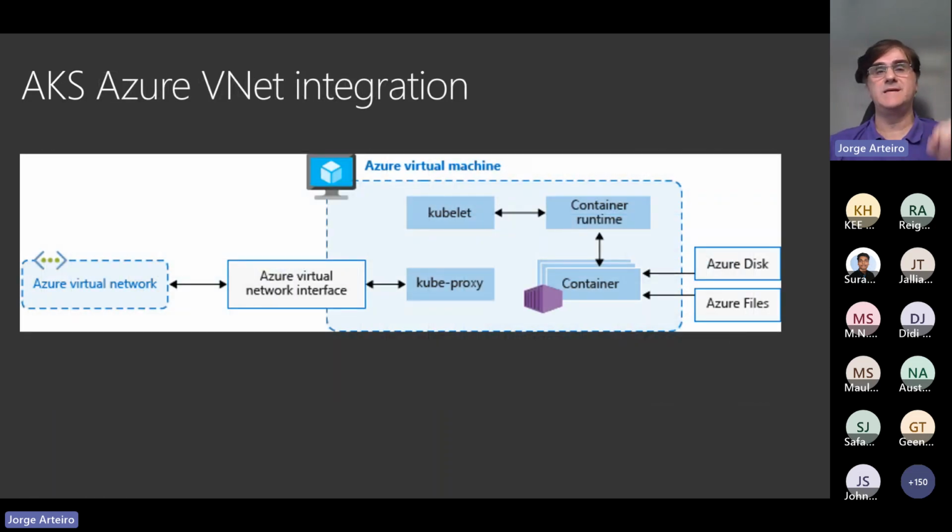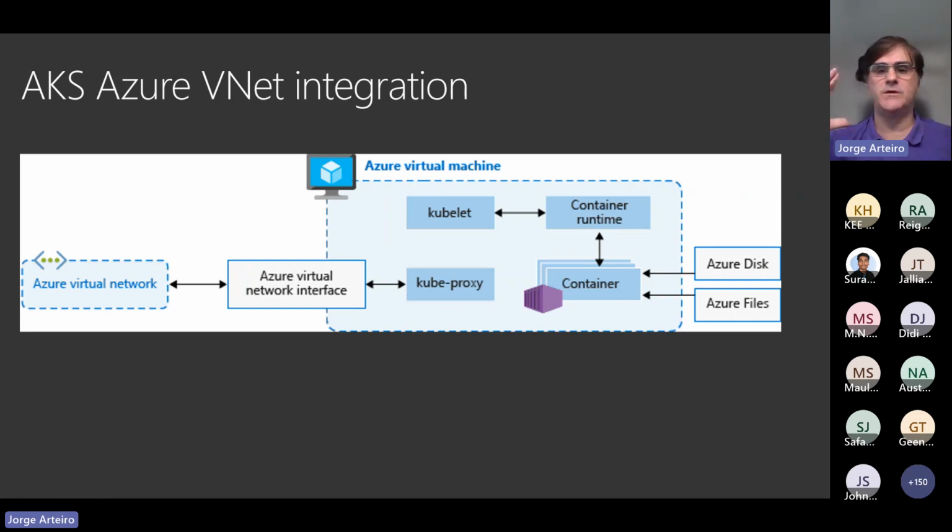Another thing Kubernetes does, this kube-proxy there, they talk with the virtual network on Azure. Azure has something called virtual network, where you create a network of machines, of containers. A container now could be like a machine on the network. And they get an IP number for your containers. They can attach disk or Azure Files to your application running there.